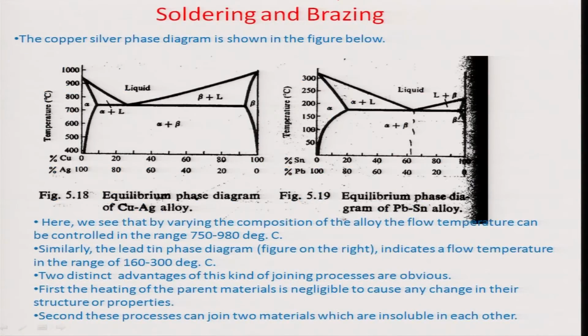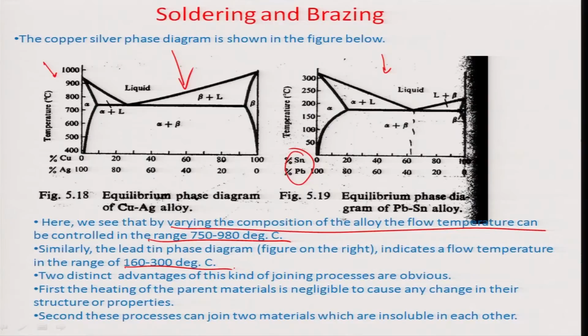Let us just look at the phase diagram of the different alloys that we have talked about. This is the lead tin alloy, which is used mostly for soldering processes, and this is the copper silver alloy, which is used for the brazing process. So, here we see that by varying the composition of the alloy, the flow temperature can be controlled within the range of 750 to 980 degrees in the case of copper silver alloy, and 160 to 300 degrees Celsius in the case of the lead tin alloy.